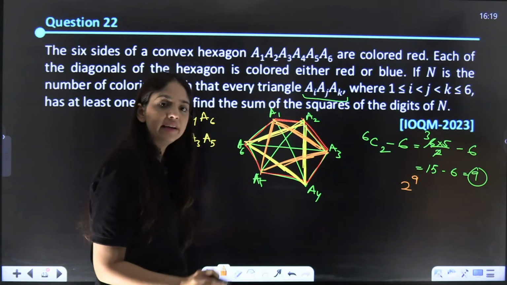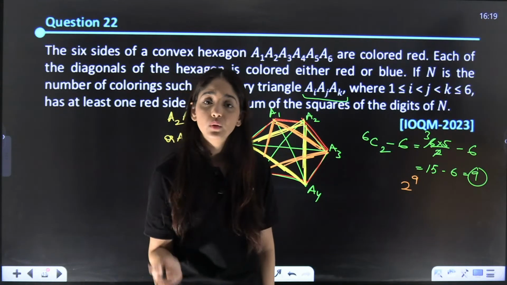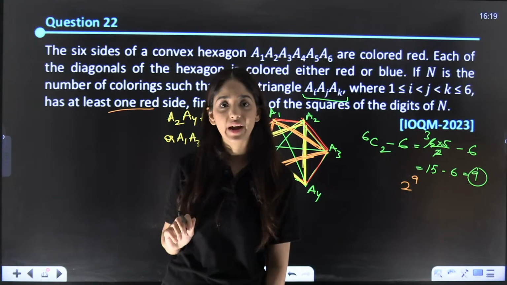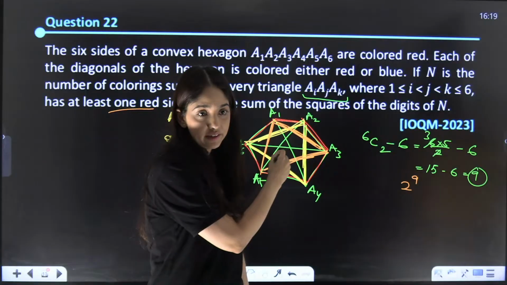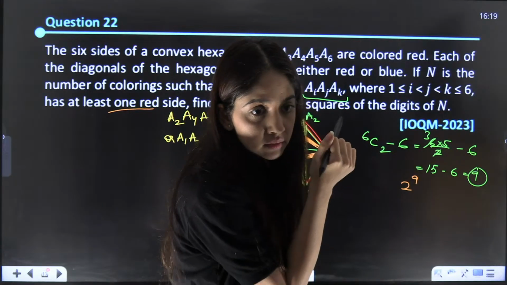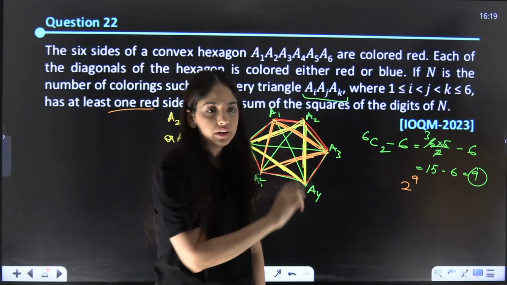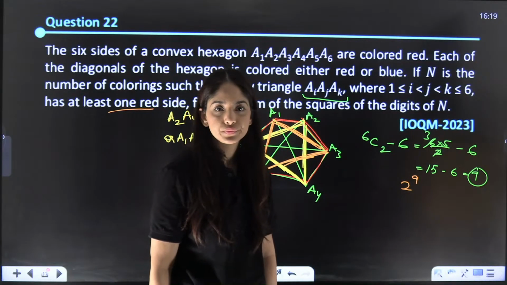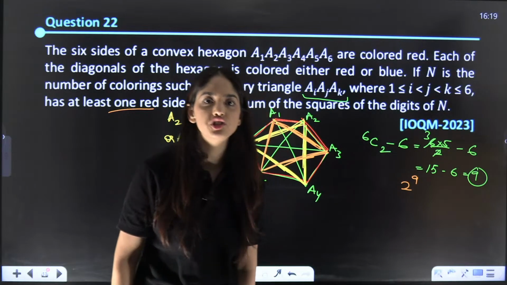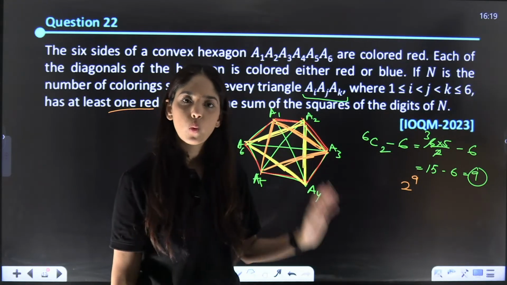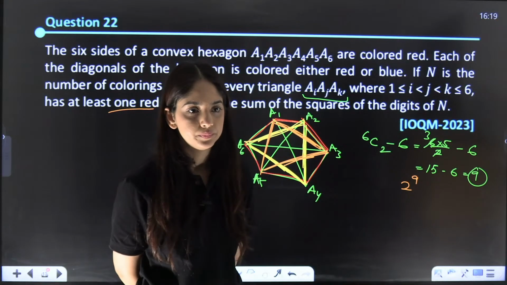The only 2 triangles that we have in which we do not have this condition met is A1, A3, A5 and A2, A4, A6, right? So we have to just check how can we make sure that they have at least one red side.